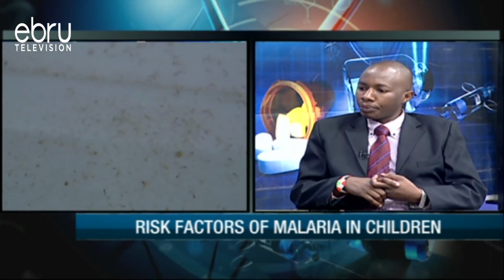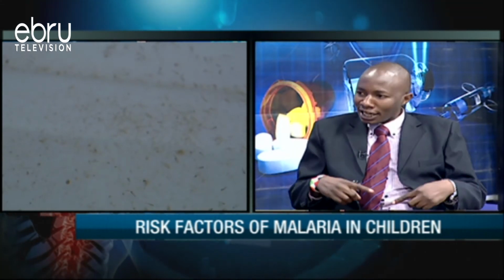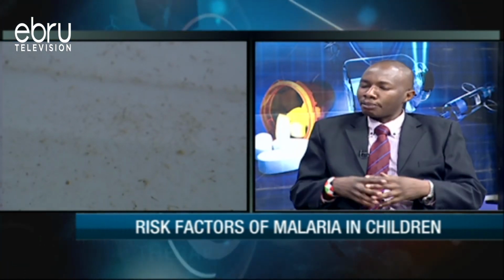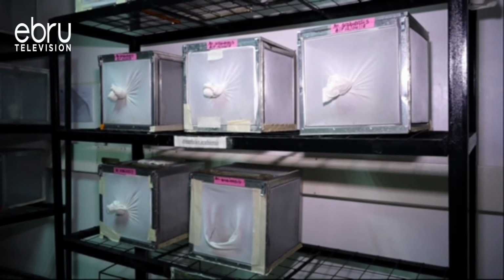However, it's important to know that because of a lot of intercountry movement, there are still many cases of malaria being reported in Nairobi County, despite it being one of the low-risk areas. We attribute this much to the movement, traveling in and outside the city.